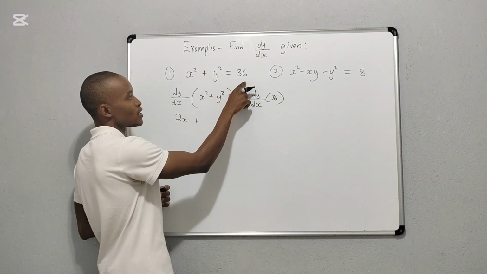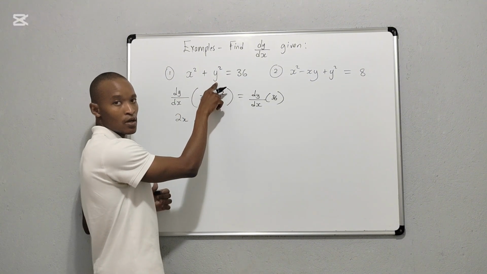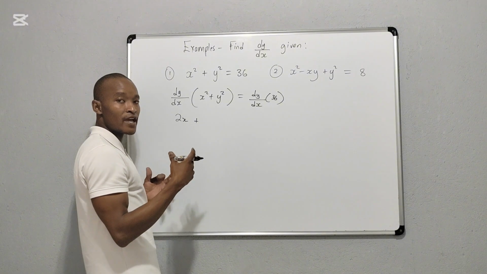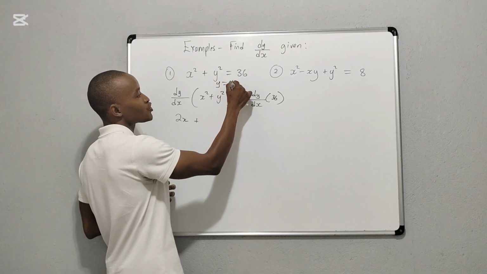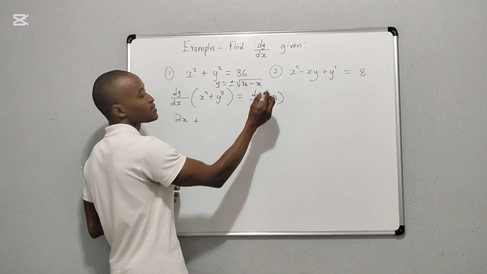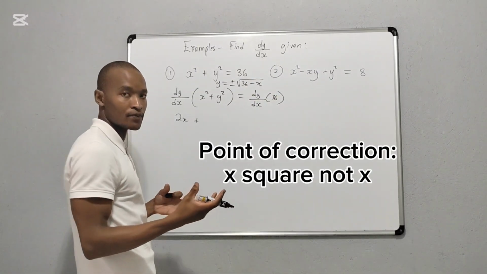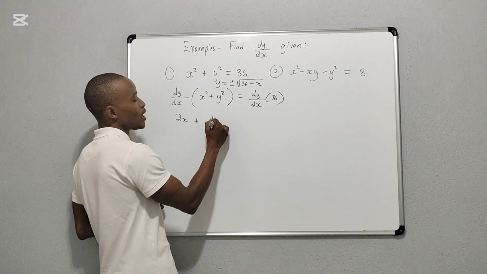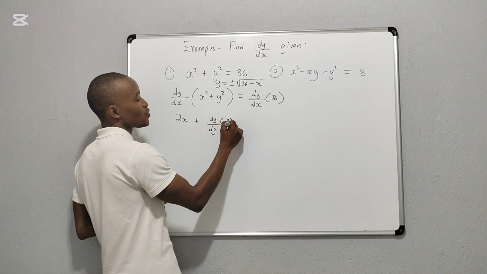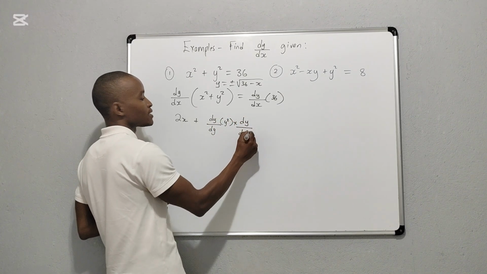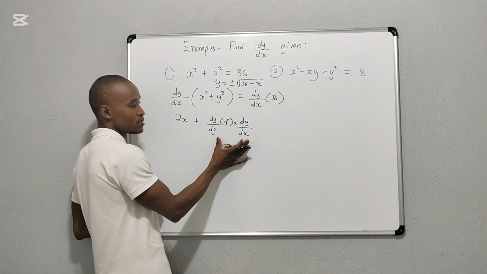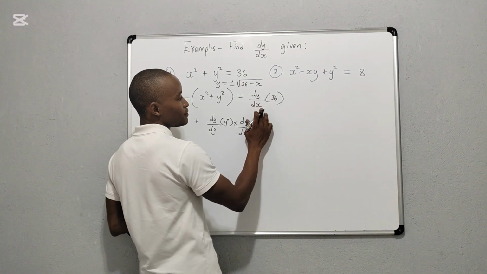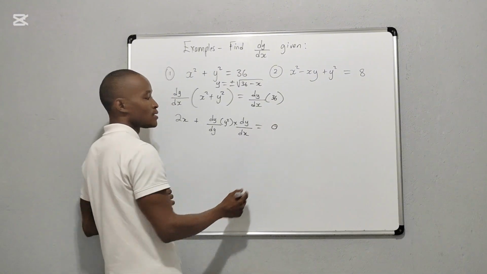We know that in this equation we can definitely write y as the subject of this equation explicitly, so it means we need to introduce the chain rule, okay, because y will be plus or minus square root of 36 minus x squared, so you end up with an inner and outer function.